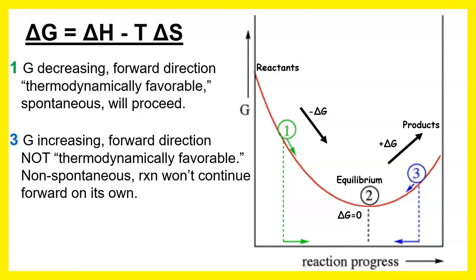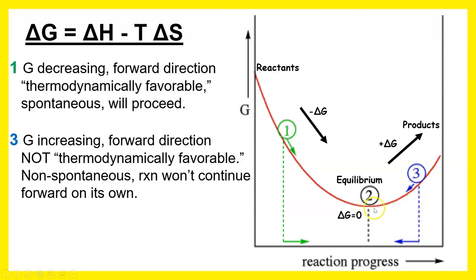That's why we don't go to completion most of the time. We don't convert everything to products because at some point it's not favorable thermodynamically to keep going. It's not going to go that way on its own. At this point, if my ratios were over here, the reverse reaction would be favorable. Remember, going backwards would sometimes be better?